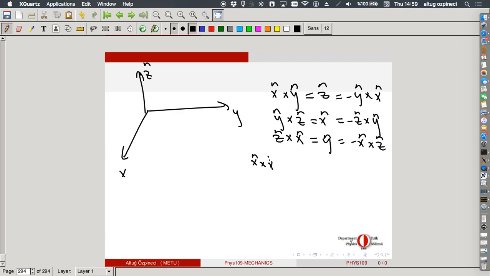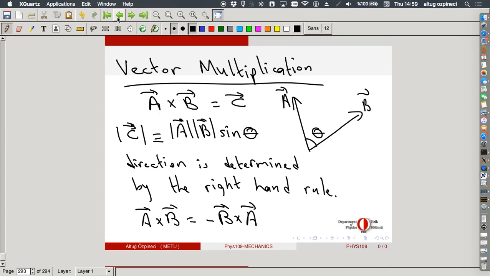x cross x. One or zero? Now remember, first of all, 1 cannot be the answer because this vector product gives me a vector. And the magnitude of the cross product is the product of the magnitudes of both of those vectors times sine of the angle.